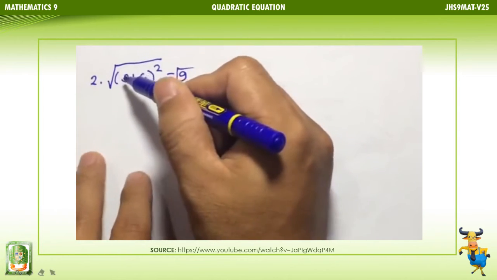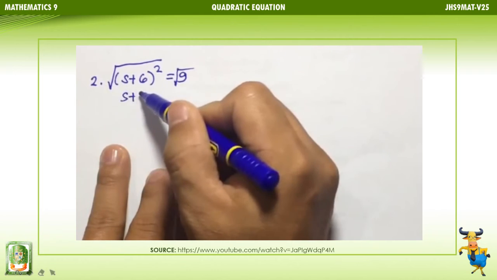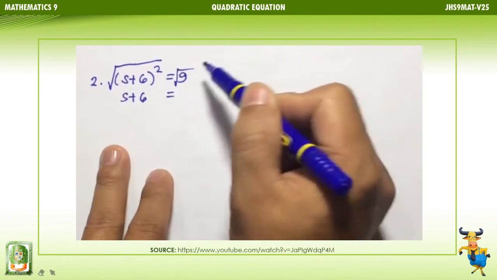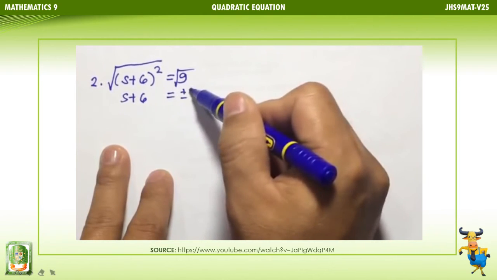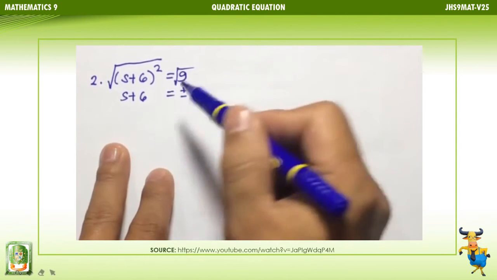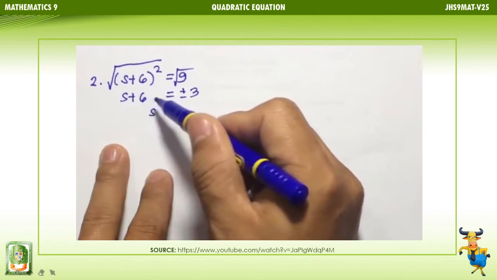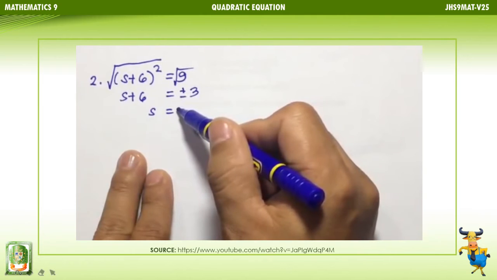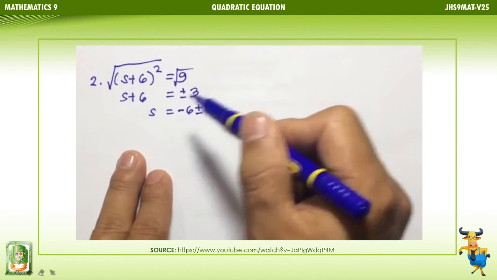Then the square root of the quantity of s plus 6 squared is equal to s plus 6. Then the square root of 9 is equal to positive negative 3. Then we're going to have s equals, transposing 6 to the right side, negative 6 plus minus 3.